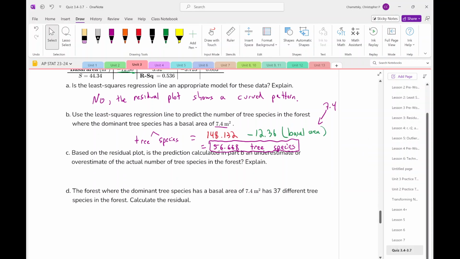So it's an overestimate. We can see on the residual plot 7.4 is a negative residual.